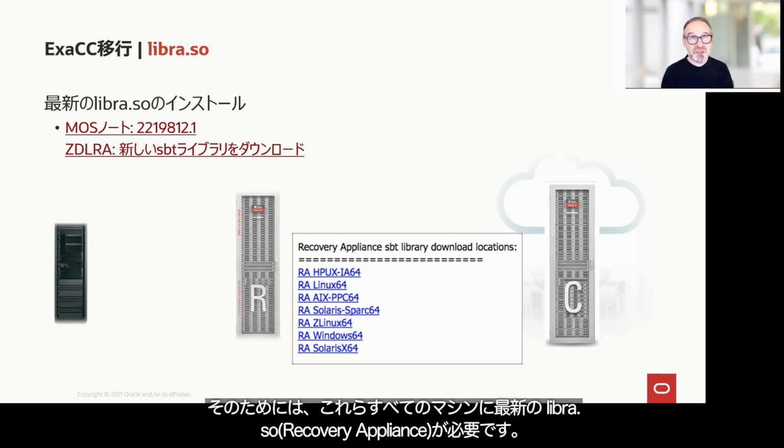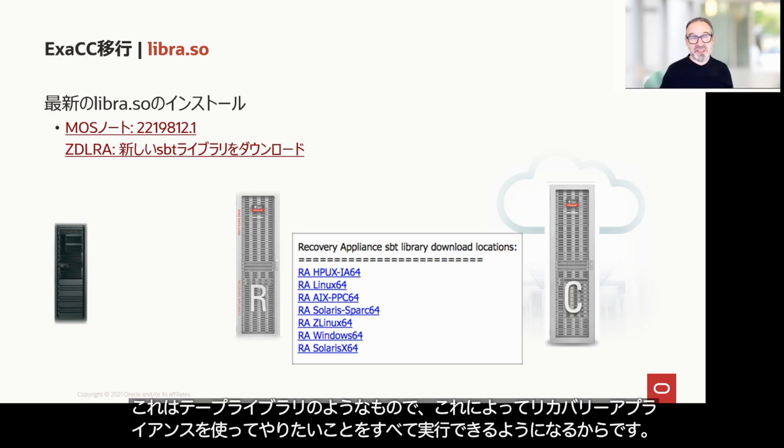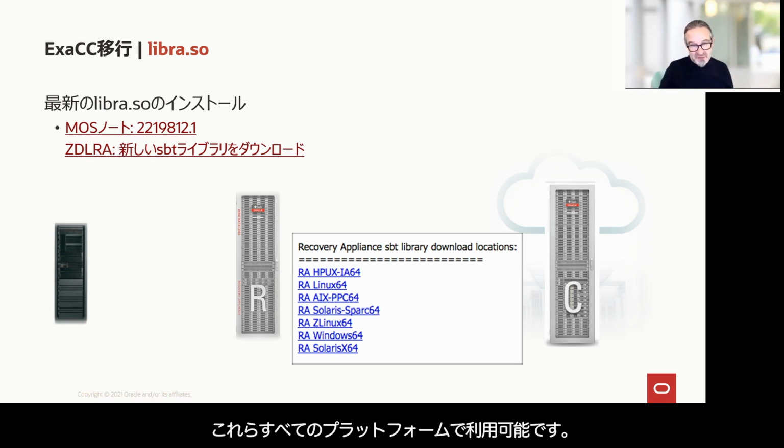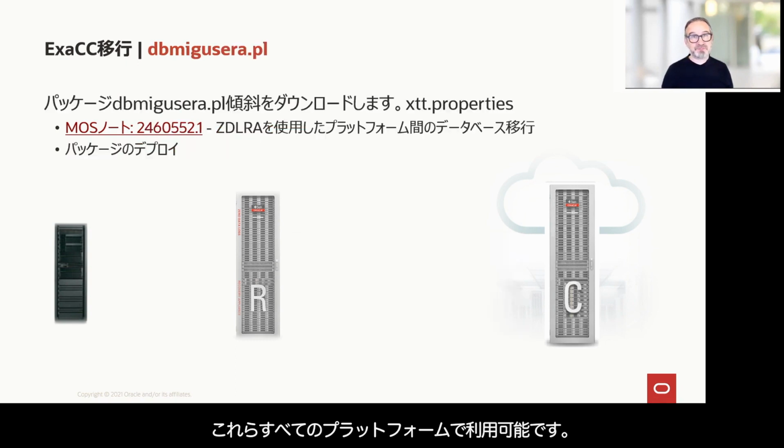In order to do so, we need the most recent lib RA, lib recovery appliance SO, on all these machines, because this is like our tape library, and this allows us to trigger all the things we want to do and use the recovery appliance. And you see it's available for all these platforms.